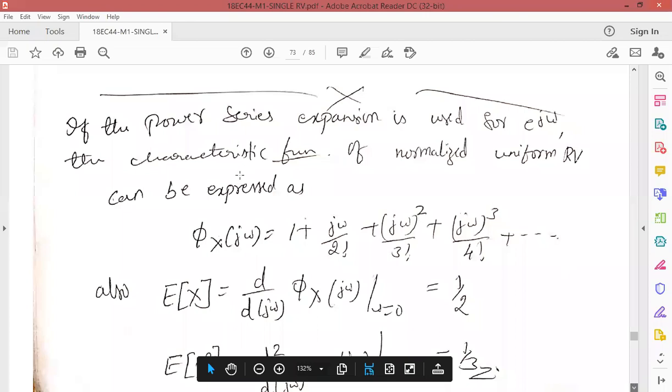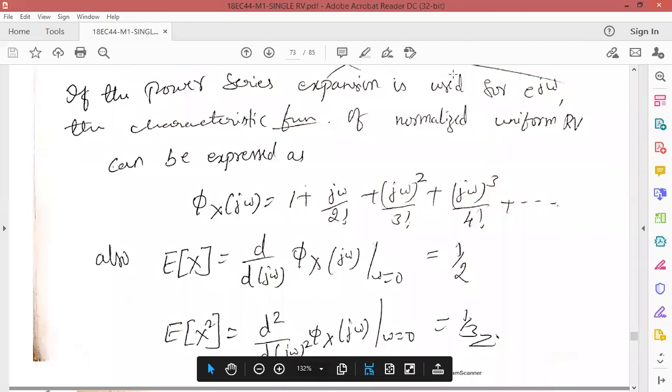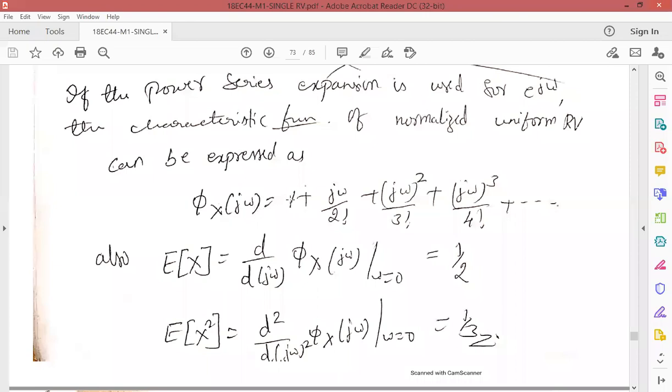The characteristic function for e to the power j omega can be expressed as phi x of j omega equal to 1 plus j omega by 2 factorial plus j omega whole square by 3 factorial plus j omega whole cube by 4 factorial and so on. This is the characteristic function which is used for representing the power series expansion for e to the power j omega.